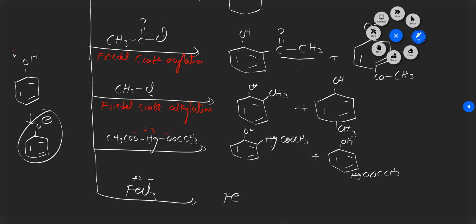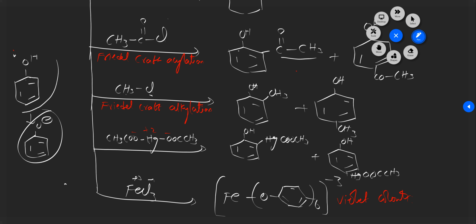It's going to form one complex, with 6 times -1 giving -3. Due to the formation of this iron complex, the complex is going to show violet color. If it is violet color, the solution contains phenol. Testing of phenol.